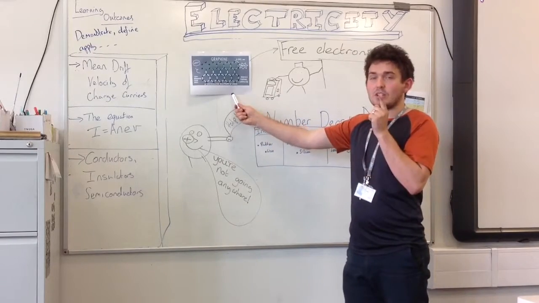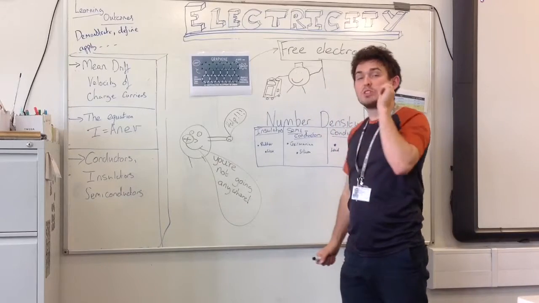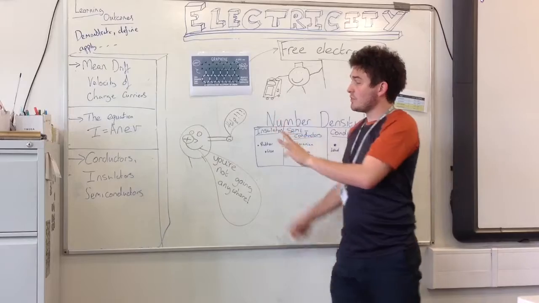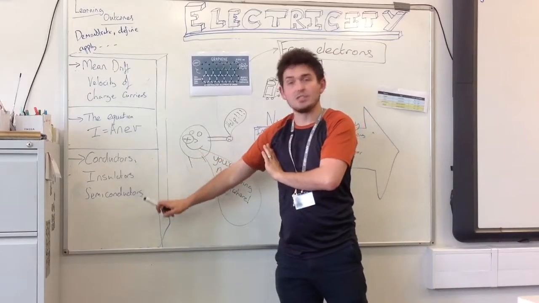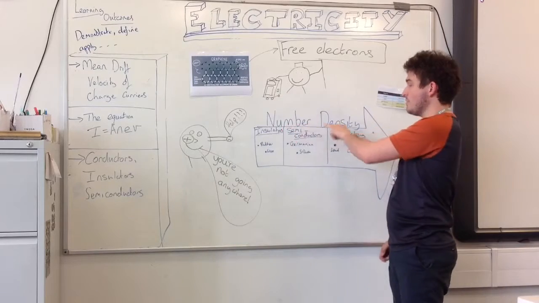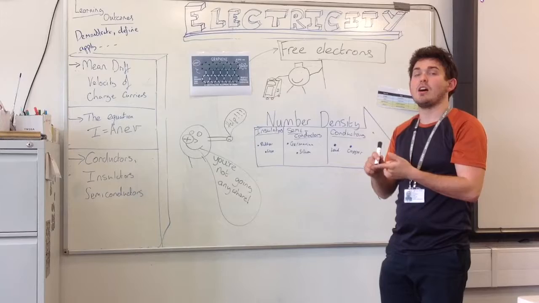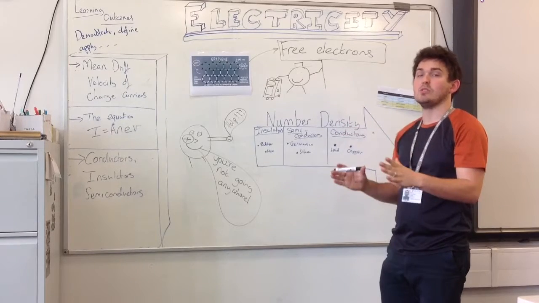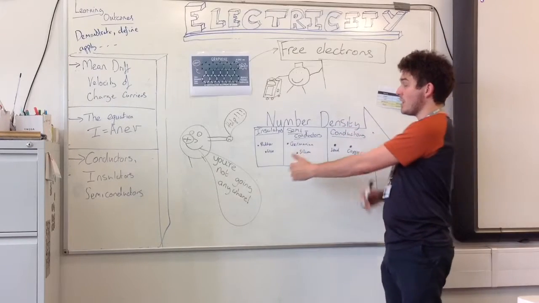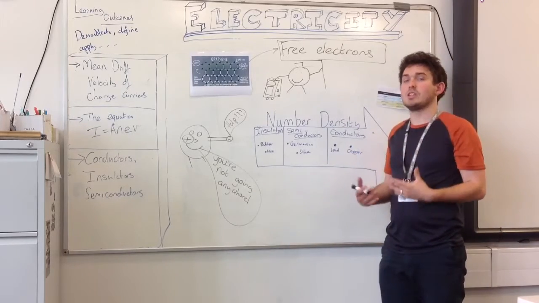That number of free electrons is what distinguishes the 3 different types of materials: conductors, insulators and semiconductors. We have something called the number density, which is how many free electrons there are per unit volume. And as number density goes up, so too does conductivity.